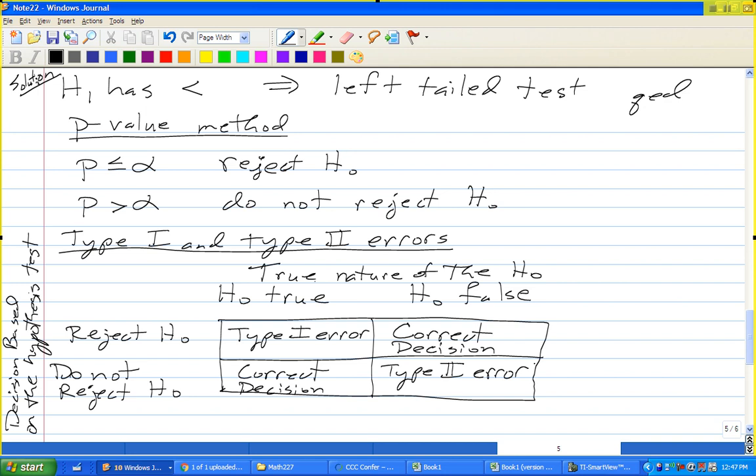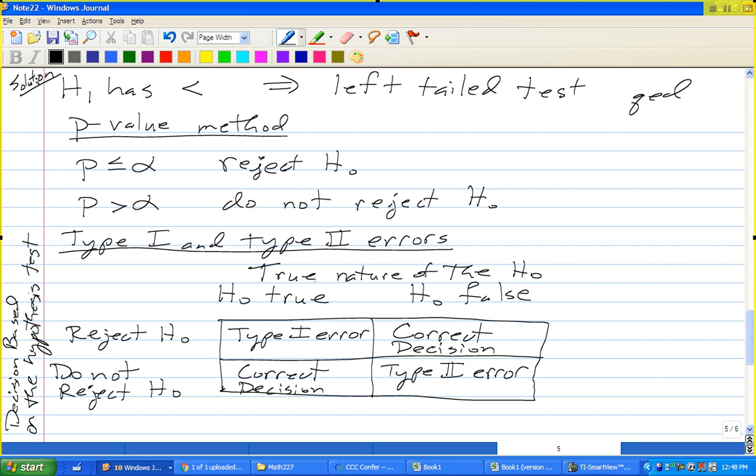So we can think of a hypothesis test as a courtroom where you have a lawyer and you have some null hypothesis that's on trial.